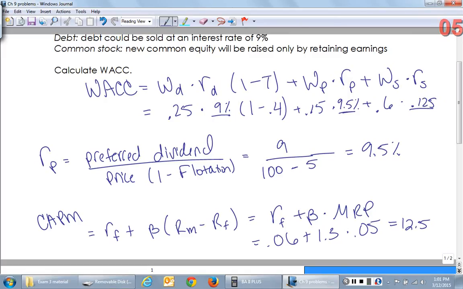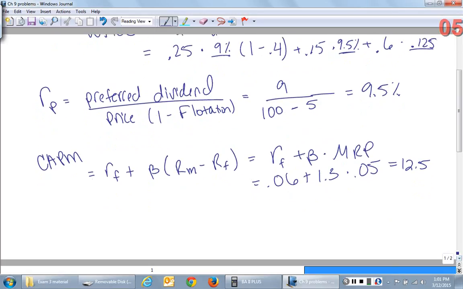You could also calculate the common stock cost using the discounted cash flow method. Where the cost of common stock is equal to the next dividend payable divided by the price, the dividend yield, plus the capital gains yield, the growth rate.